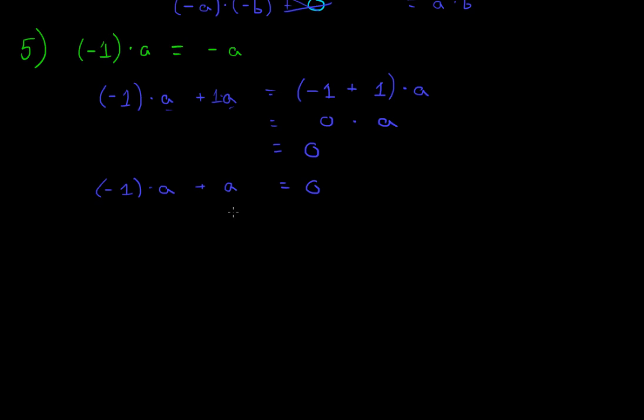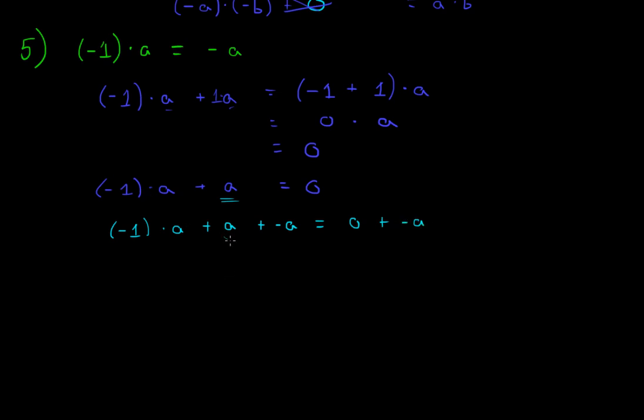Let's add the additive inverse for a on both sides. Negative 1 times a plus negative a, the additive inverse for a, is equal to 0 plus negative a.